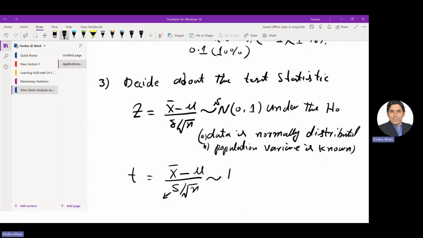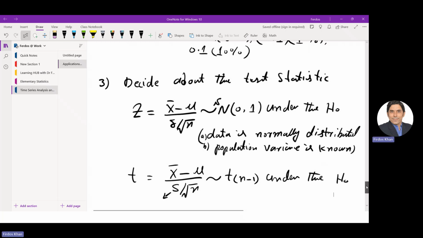So this is Student T distributed with n minus 1 degrees of freedom. We can use that to determine the theoretical region, so I will not talk about this now. So this is T distributed under the null hypothesis H naught.